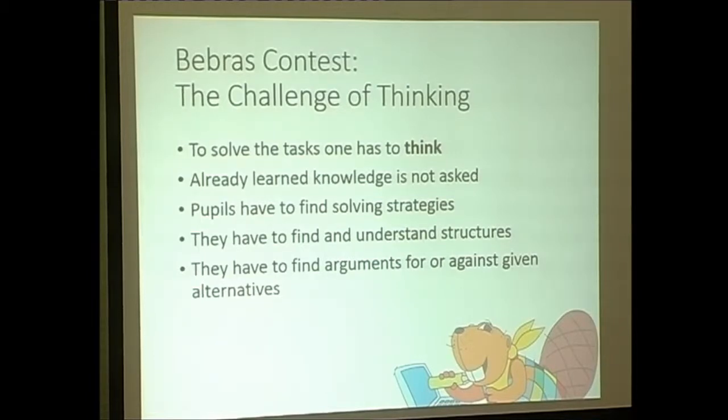And I said already, this is a challenge on thinking. They have to develop solving strategies. If they get a problem, they have a strategy how to go on. And this strategy comes from computer science.